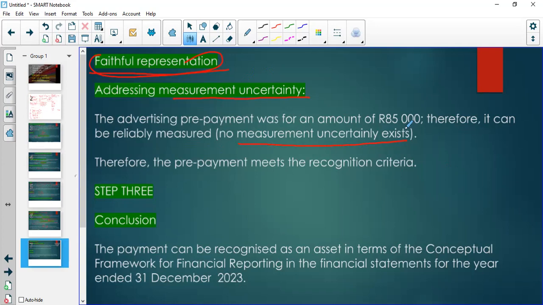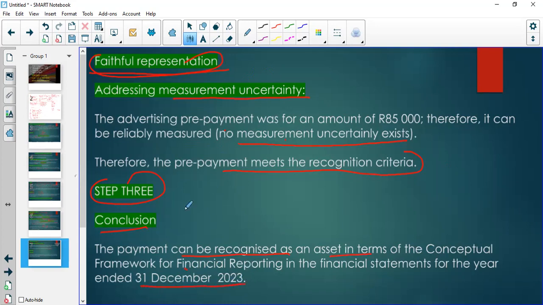Then we chose one because it does not have measurement uncertainty: the reduced future cash flows. So we can say there is no measurement uncertainty, and then the payment meets the recognition criteria. Then step 3 is to make a conclusion that the payment can be recognized as an asset in terms of the conceptual framework at this date.